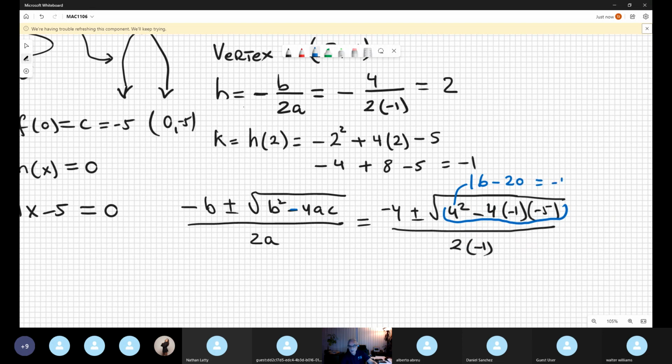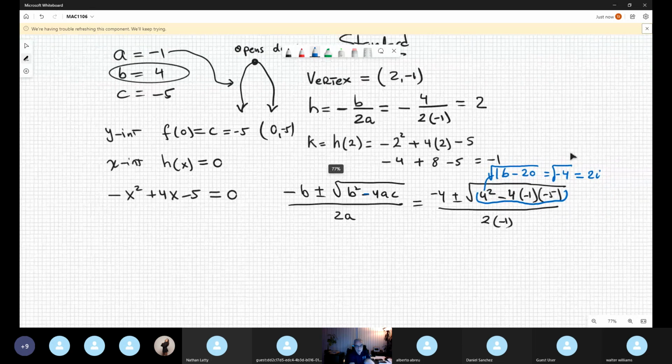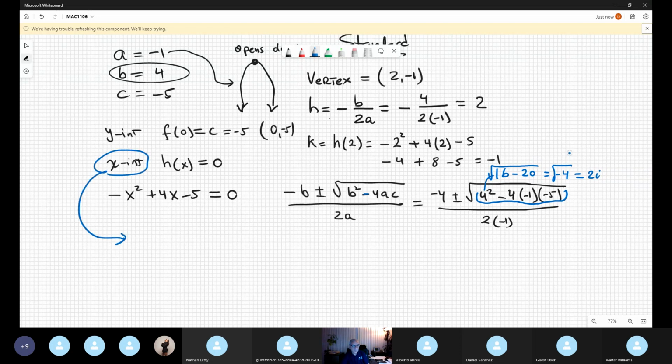And then 16 minus 20 is negative 4. So the square root of a negative is imaginary. And when you see that the solution is imaginary, geometrically it means that the x-intercept you try to find does not exist.